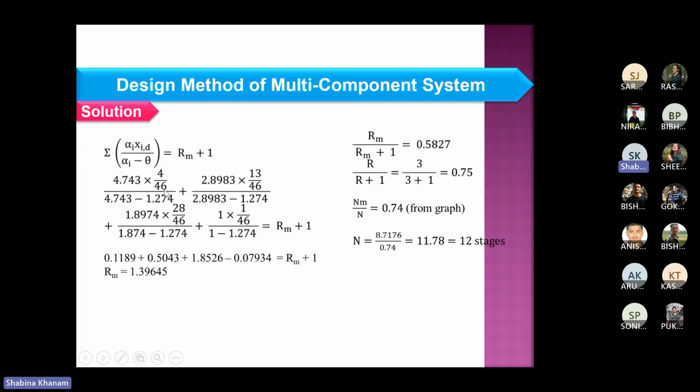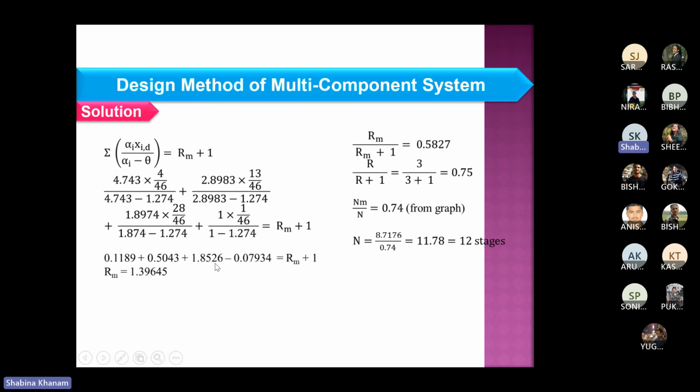And here you see we have considered fractions, not the flow. So rm you can find out like this. So rm by rm plus 1 you can find as 0.58, and r is given as 3, so that is 0.75.